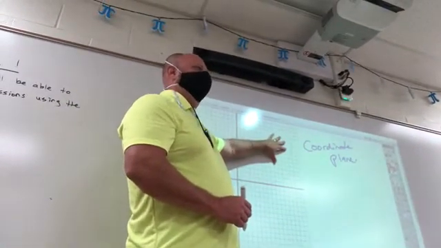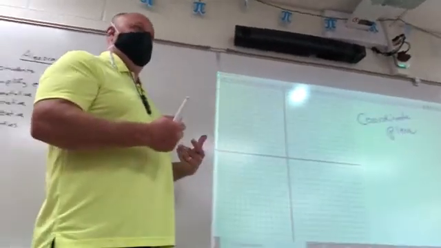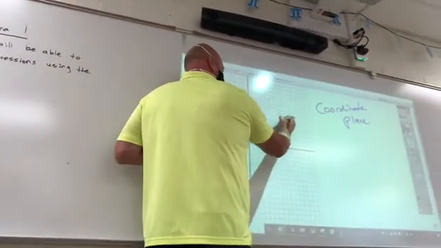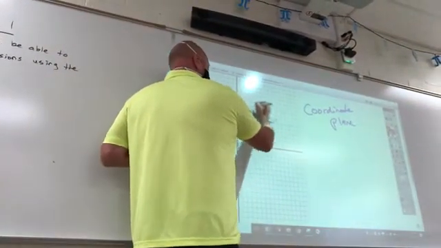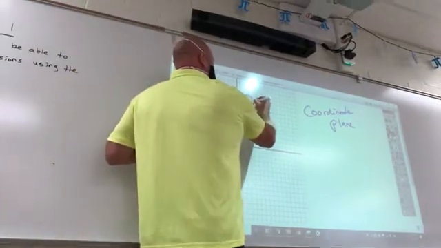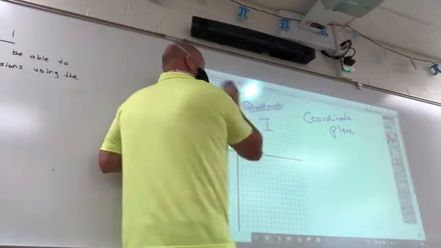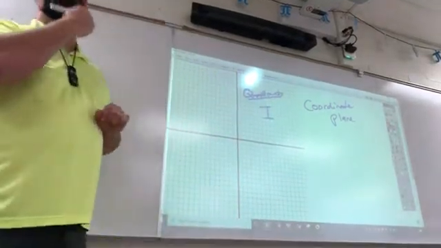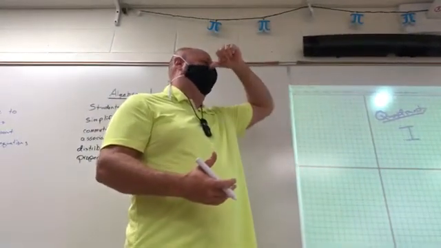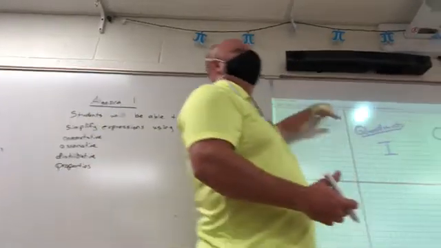Okay? Do you guys remember how we name these? Like, where's quadrant 1? Top right. This is quadrant 1. Whenever you name quadrants, we typically use Roman numerals to name those. So that is quadrant 1. Where's quadrant 2? We go around counterclockwise.